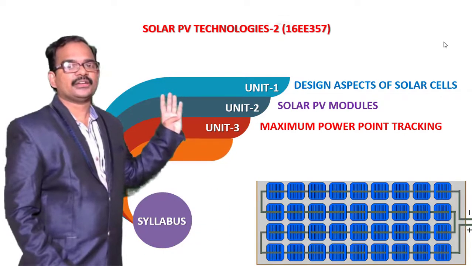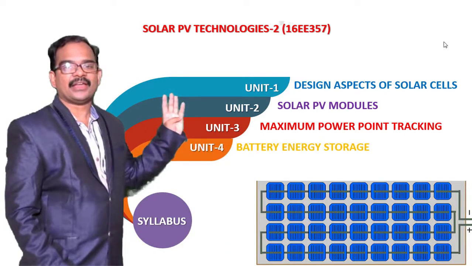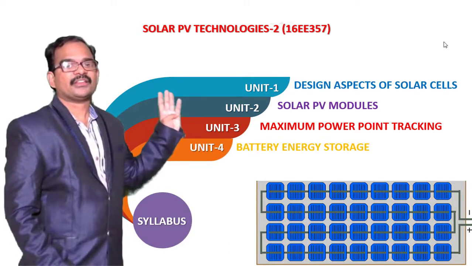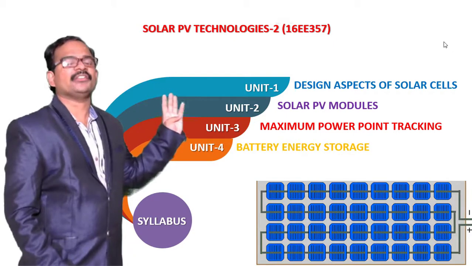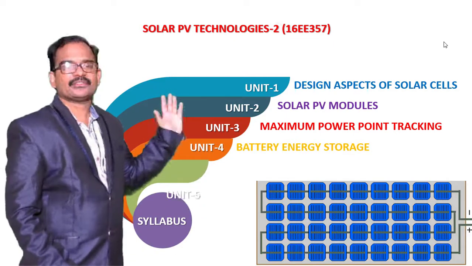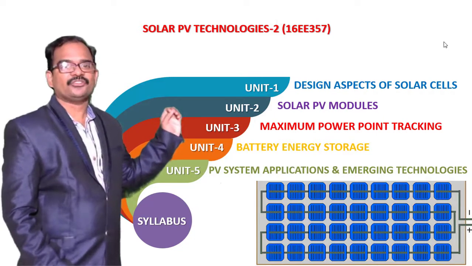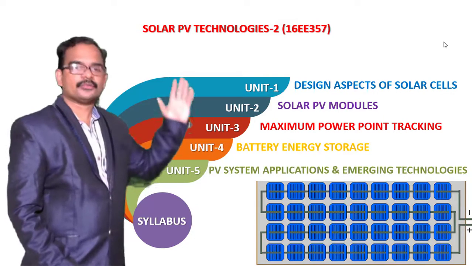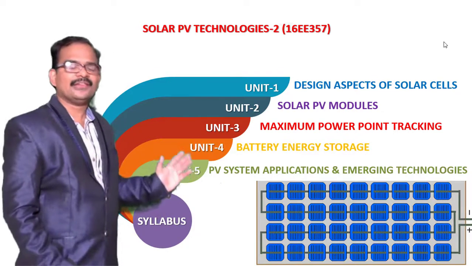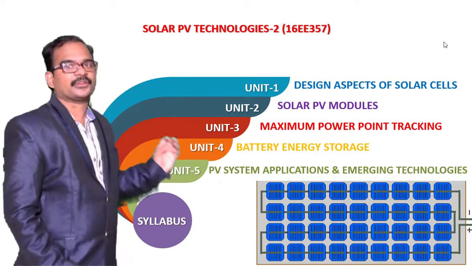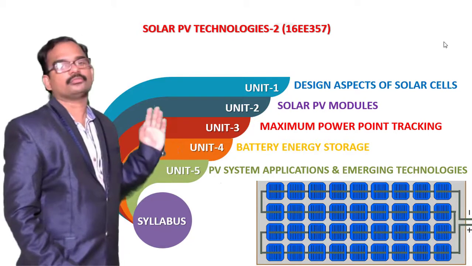And the fourth unit deals with battery energy storage. And the last and the final unit, that is unit number 5, deals with PV system applications and emerging technologies. These are all the 5 units which we are going to see in this particular subject called SPVT 2.